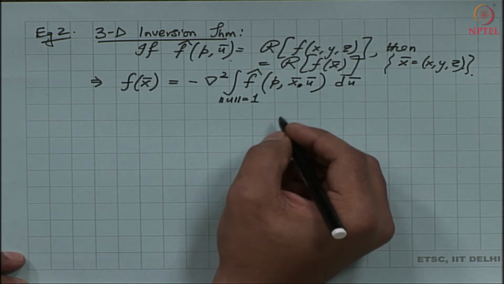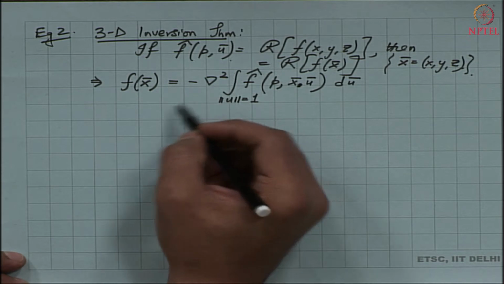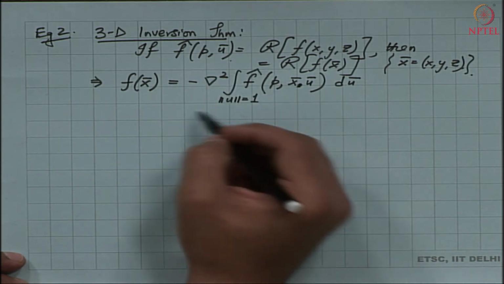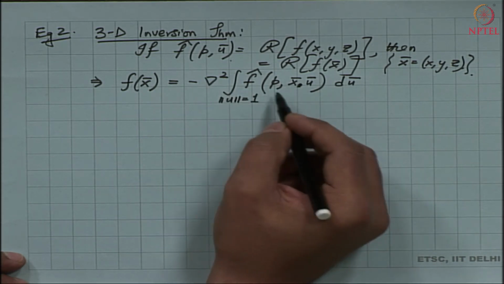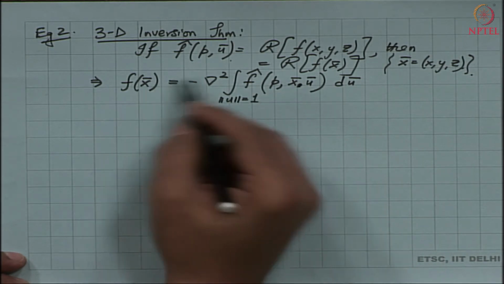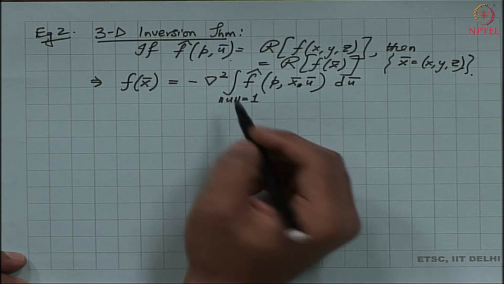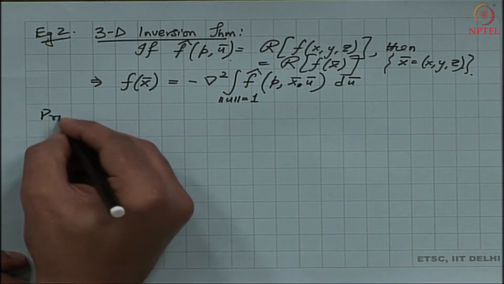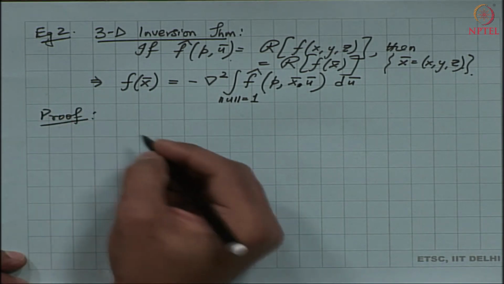Okay. So, we see that the inversion of the Radon transform in 3D is quite straightforward. So, let me give you the proof of this result, because this is quite a useful result. The proof is as follows.